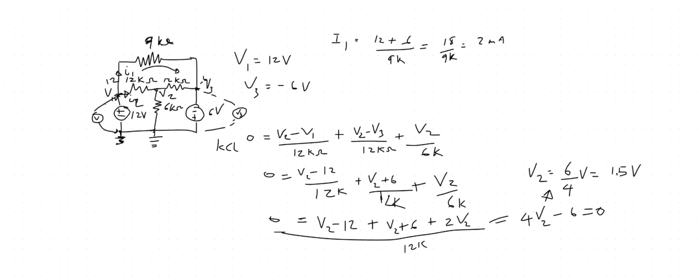What about I2 now? What about this one here? That would be 12 minus 1.5 over 12.